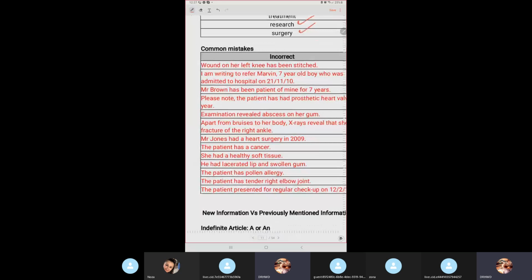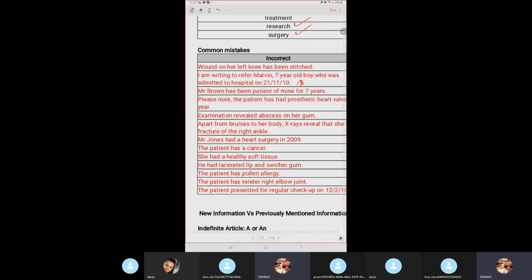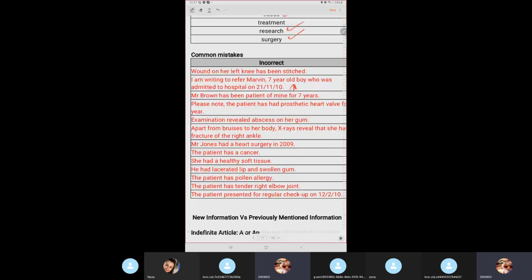Right. So again, Dr. Noza, this is for you. I'm writing to refer Marvin, 7-year-old boy who was admitted to hospital on this date. Dr. Noza, how would you correct this one? Who is admitted, right? Okay, I say who is admitted.